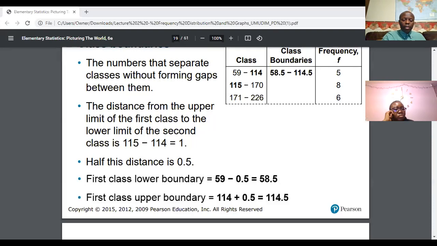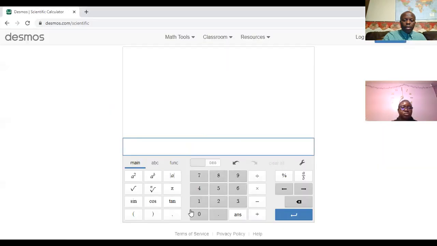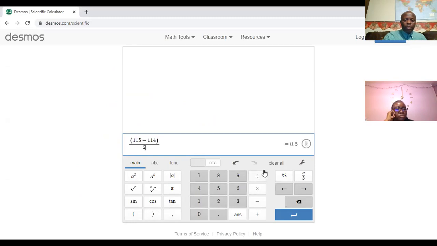Let me get my calculator. 115 minus 114, divided by 2, gives me 0.5. So that's how you get this 0.5 that you have here.